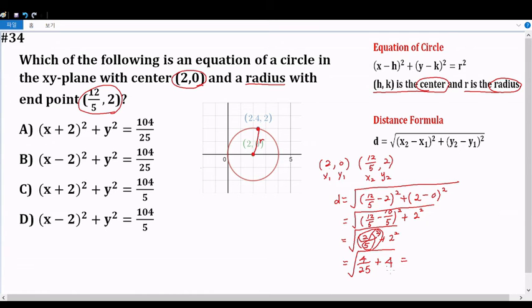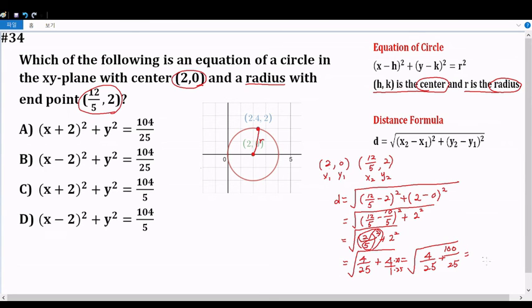Let's simplify. 4 is equal to 4 over 1. Common denominator will be 25. Then we have 4 over 25 plus, we need to multiply by 25 on the numerator and the denominator. Then we get 100 over 25.